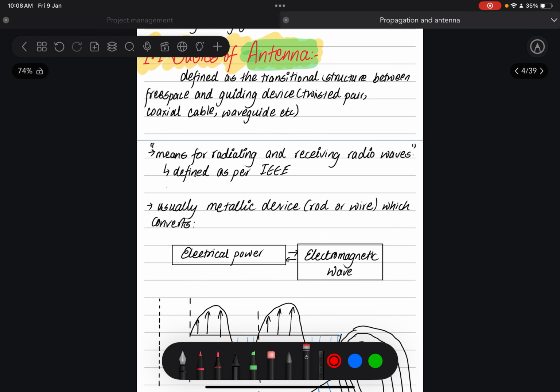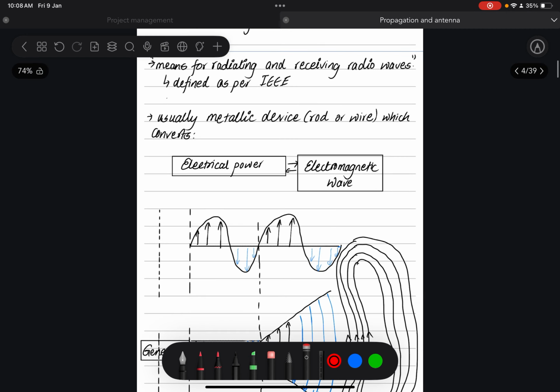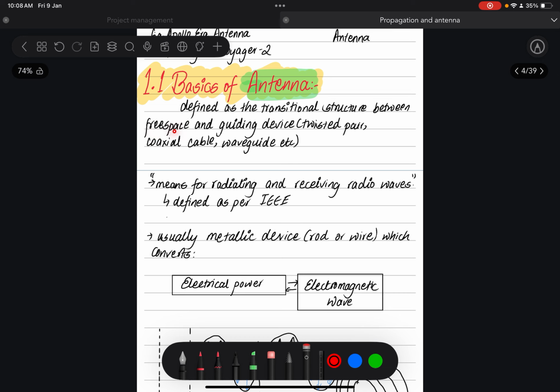receiving radio waves. Or here's the first definition that I've given: it is defined as the transitional structure between free space and a guiding device like twisted pair, coaxial cable, or waveguide.